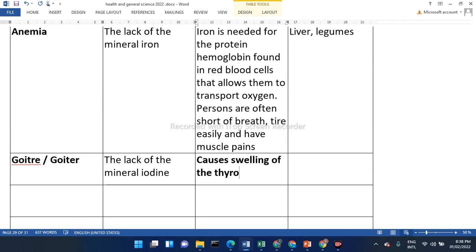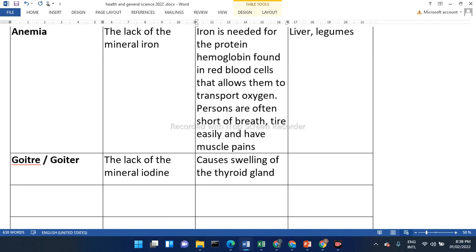Where's the thyroid gland located? In the throat? It's on your neck, right?